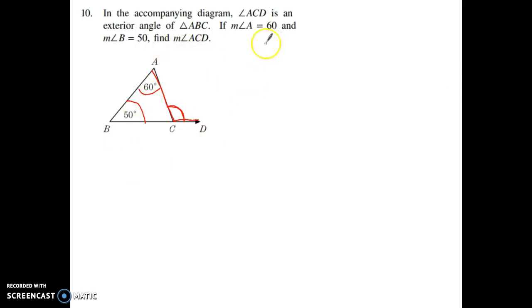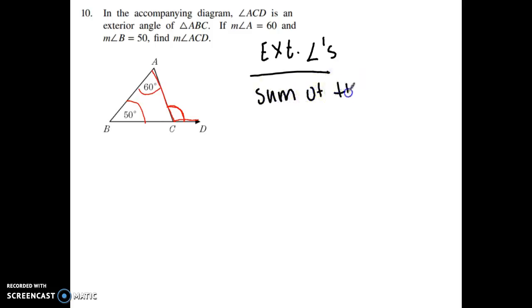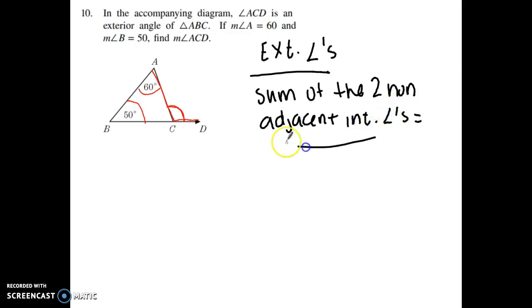This is our exterior angle theorem. We talked about it a little bit in our first day of review. So exterior angles, that says that the sum of the two non-adjacent interior angles has to equal that exterior angle.